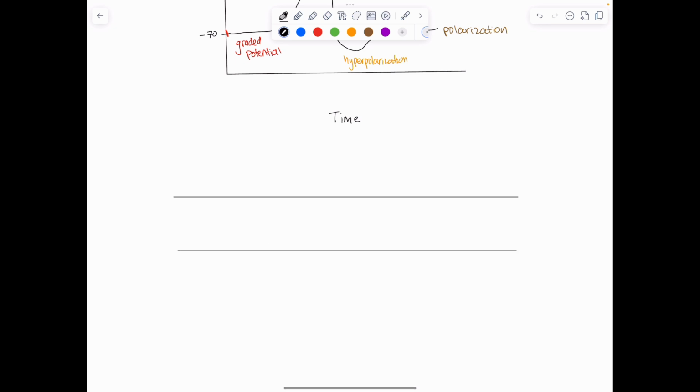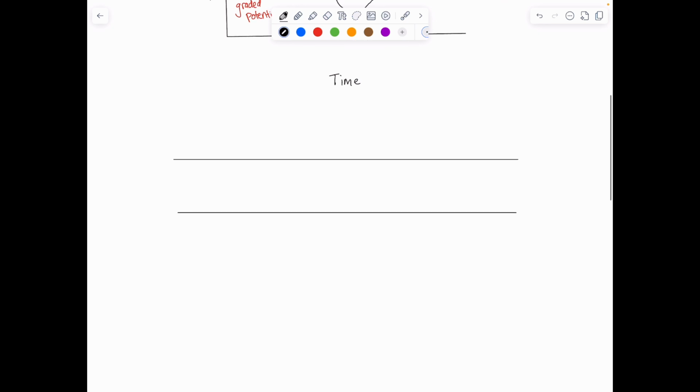We have this neuron, and the length constant can be calculated by taking the square root of Rm, which is the membrane resistance, over Ri, which is the resistance inside the cell. Basically, what this is trying to say is, what is the sphere of influence?